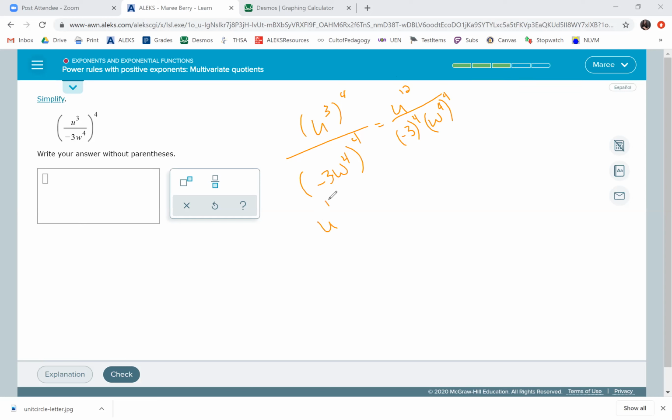So u to the 12th in the denominator, -3 to the 4th is a positive 81, and w to the 4th is w to the 16th. You have to multiply those like we said earlier. So we'll have u raised to the 12th, my right arrow, divided by 81 w to the 16th.